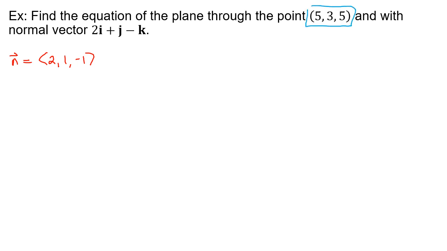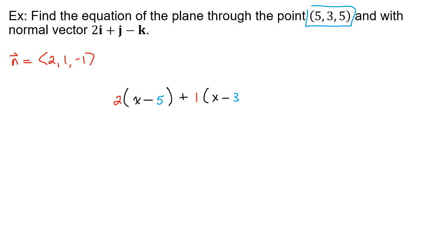So I'm going to jump straight in and I'm going to write this as my scalar equation. That's the one that I think looks the best. And so we'll have the 2 from the normal vector times x minus the x value, plus there'll be a 1 right here if you want to put the 1 in there, times y minus the y value, which is 3.